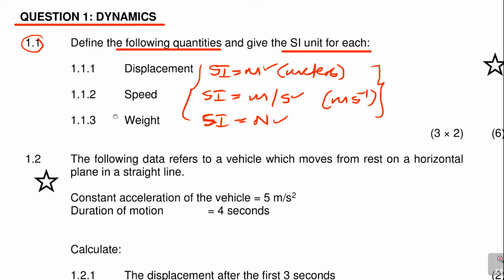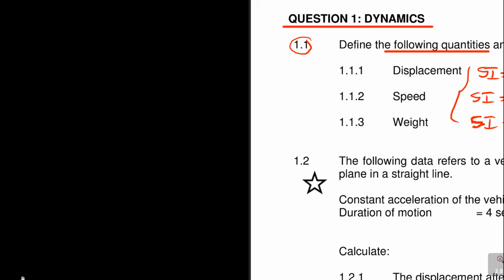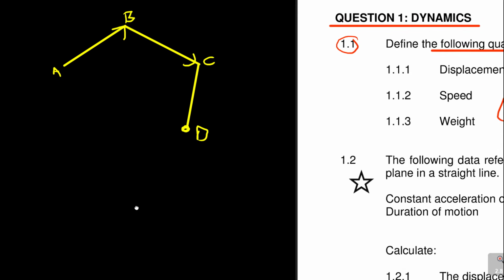Now let's define what is displacement. Let's say I've got a person who moves from A to B to C, and ends at D. Let's start from here.